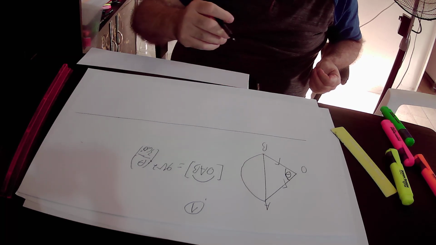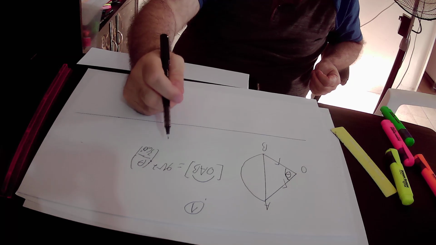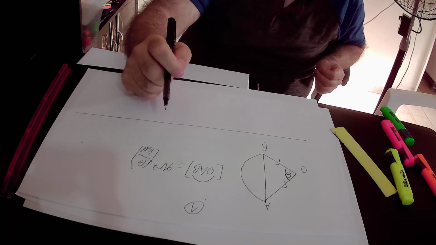Okay, so the area of sector AOB equals pi r squared times theta over 360 degrees.